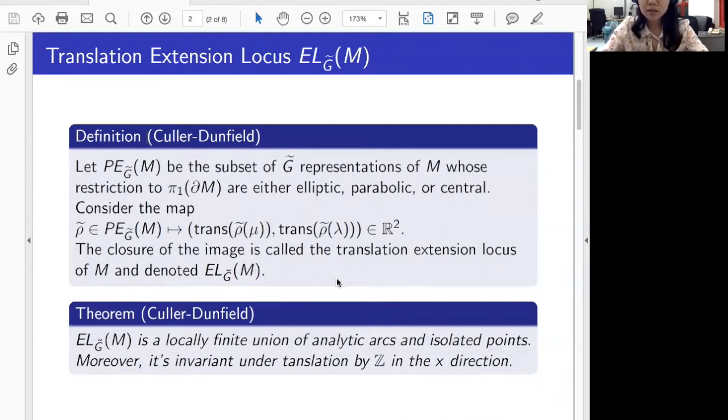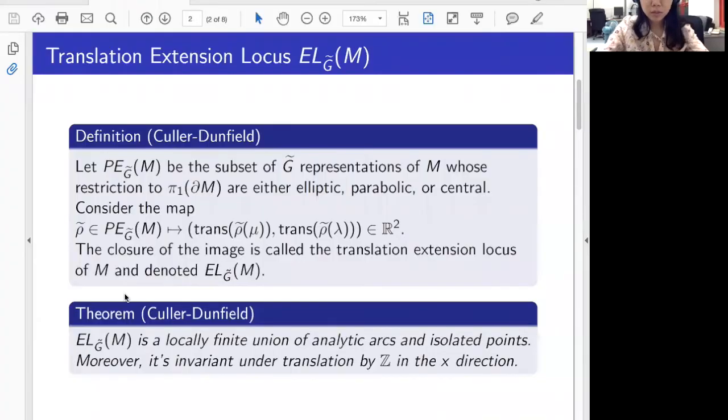And we will call the closure of the image of this map the translation extension locus of M, and it's denoted by EL sub G tilde of M. So the translation extension locus is just a subset of the real plane. And in fact, it has even better properties.